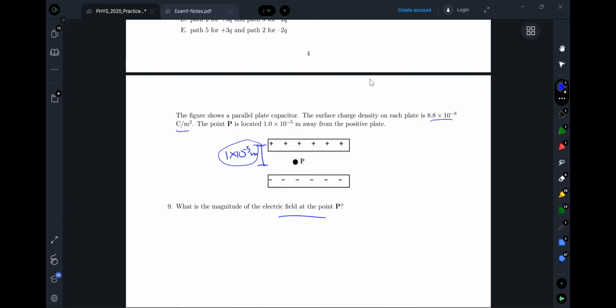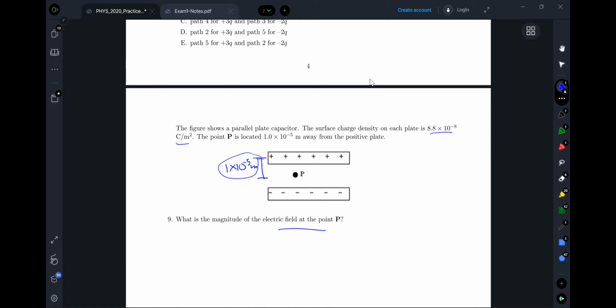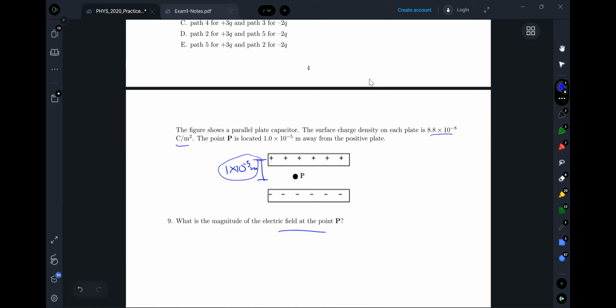Because not exactly just parallel, but again, uniform. So I guess in terms of field lines, if they're parallel, that means that the field is uniform, but it's the strength of the electric field is exactly the same everywhere in between these two plates.